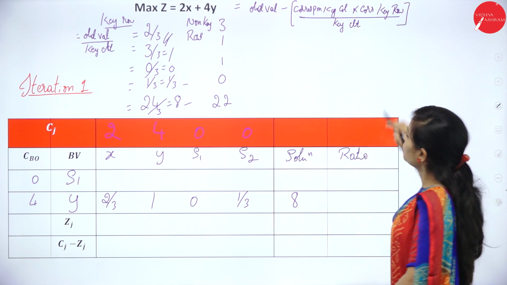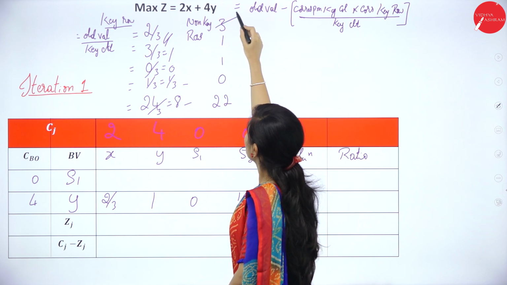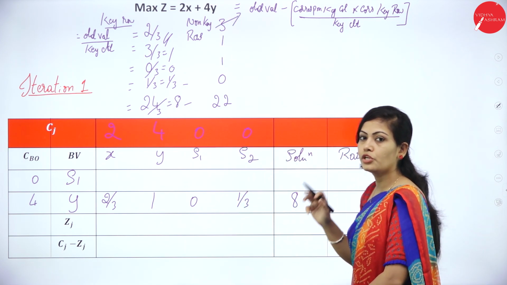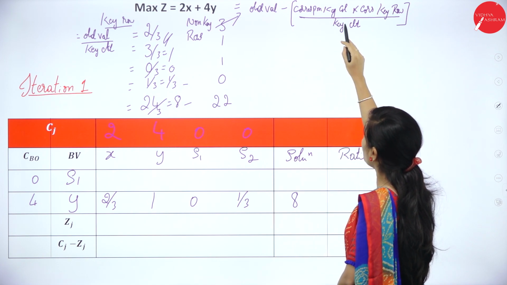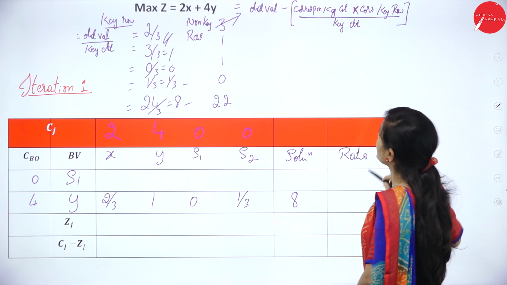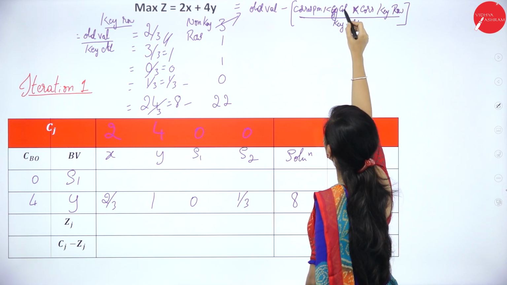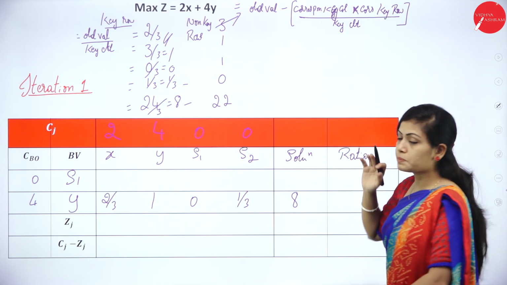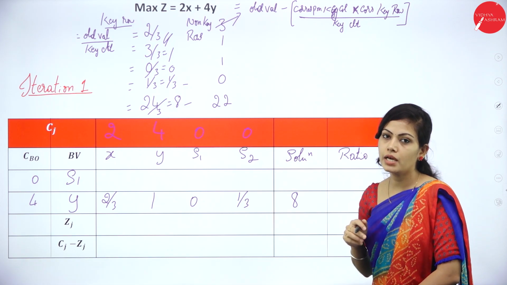So, this is your formula for finding the non-key rows. For finding the non-key rows, you have one formula: old value minus corresponding key column into corresponding key row divided by key element. So, this is key column and this is key row.